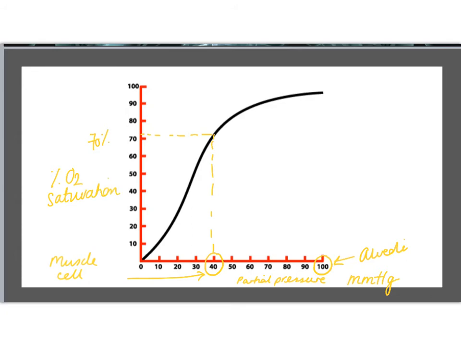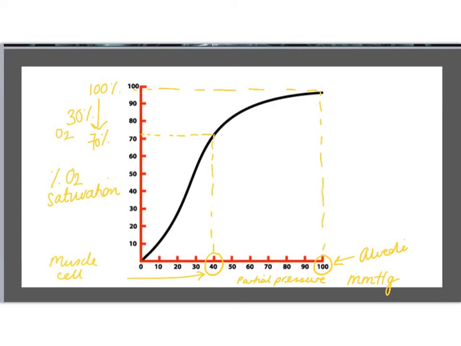Now let's read 100 millimetres of mercury, the pressure at the alveoli. We go up and we're near to 100% saturation. So at the muscles we're about 70% saturated, so there is not as much oxygen there as there is at the lungs, which is nearly 100%.